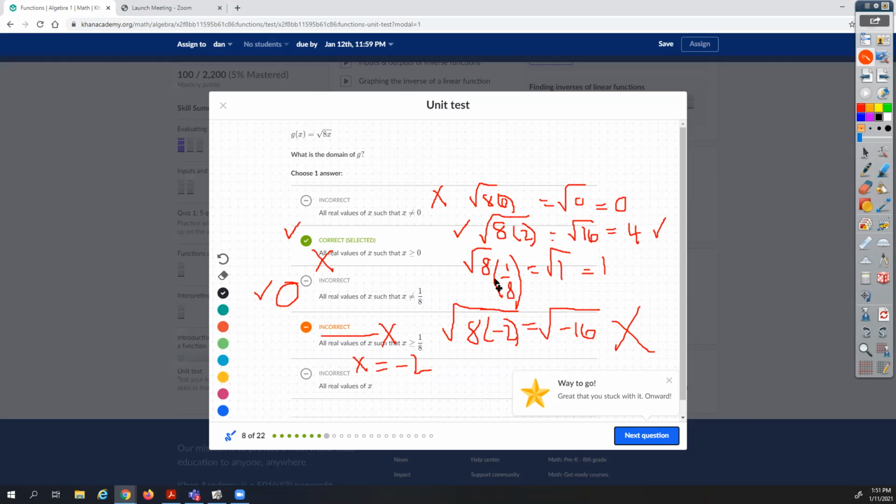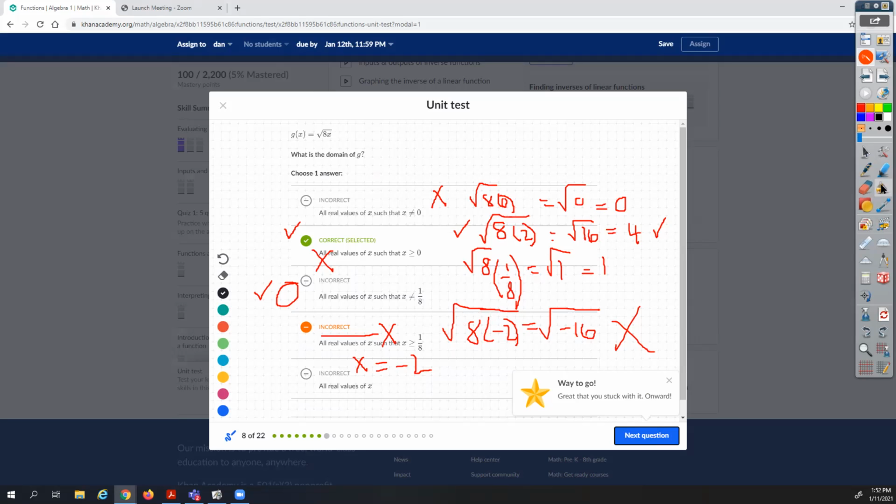It is 1/8. It could be 2/8. It'd be 16 over 8. It'd be 3. What is the domain of G? Okay, that's why. I know why.